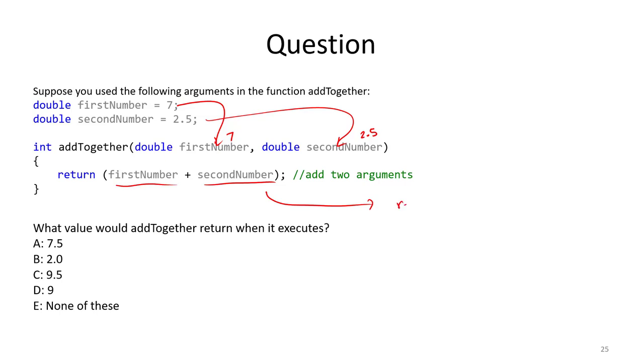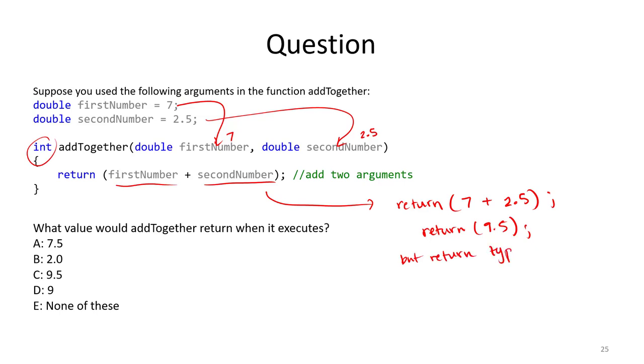So if you look at our function body, we would see that we're basically going to return our first number, which is 7, plus second number, which is 2.5. So basically, we're going to return 9.5, right? But wait a minute. Return type is an int.